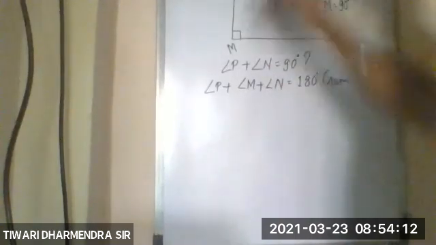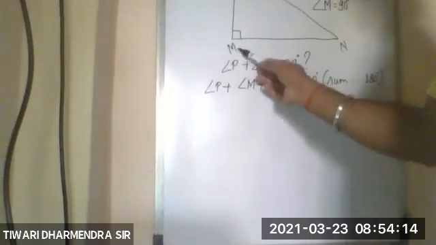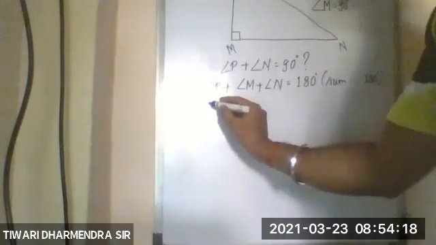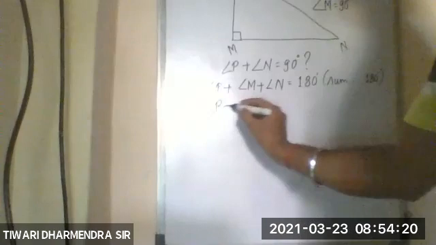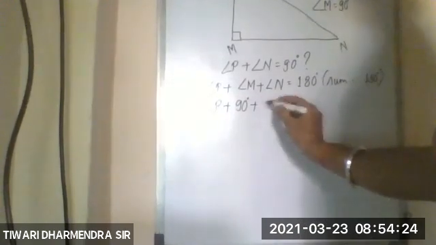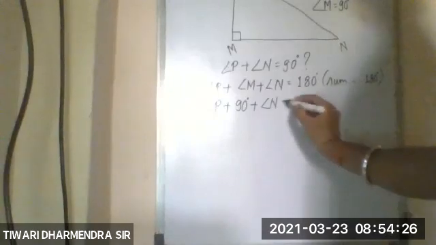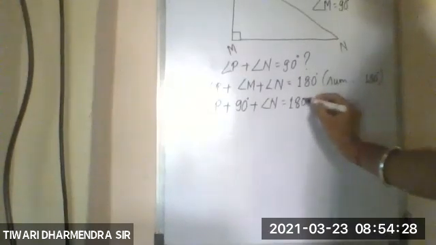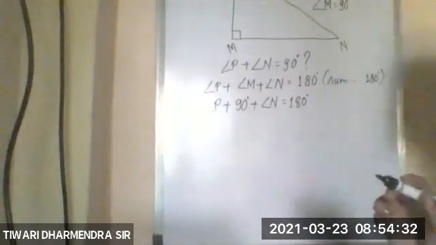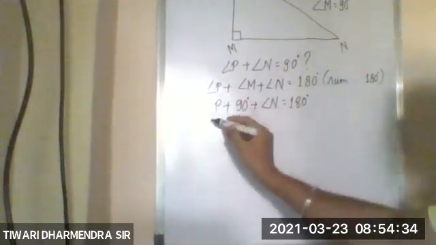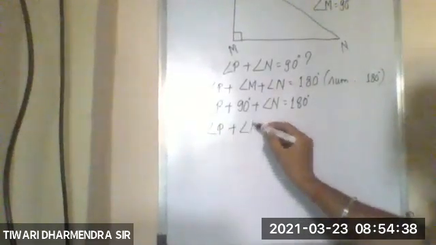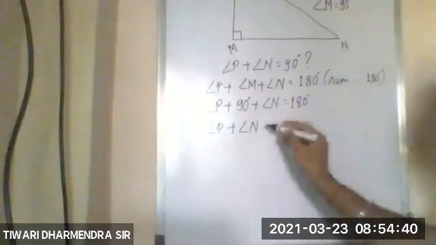Out of these three angles, we know the value of angle M. The value of angle M is 90-degree. So we can write angle P plus 90-degree plus angle N is equal to 180-degree. Now we can write this as angle P plus angle N, taking 90-degree to the right hand side.